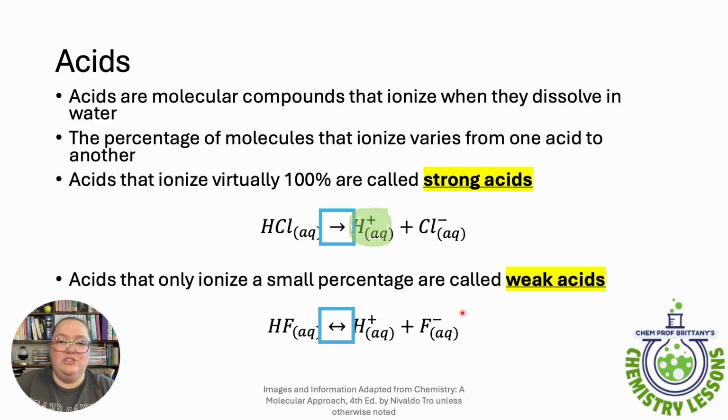This indicates to us, if we can't remember whether it's a strong acid or not, that strong acids will proceed to completion, the separation of H+ and Cl-. HF exists in equilibrium because only a small percentage of the HF breaks apart. So strong acids break up 100% of the time. Weak acids break up a percentage of the time.